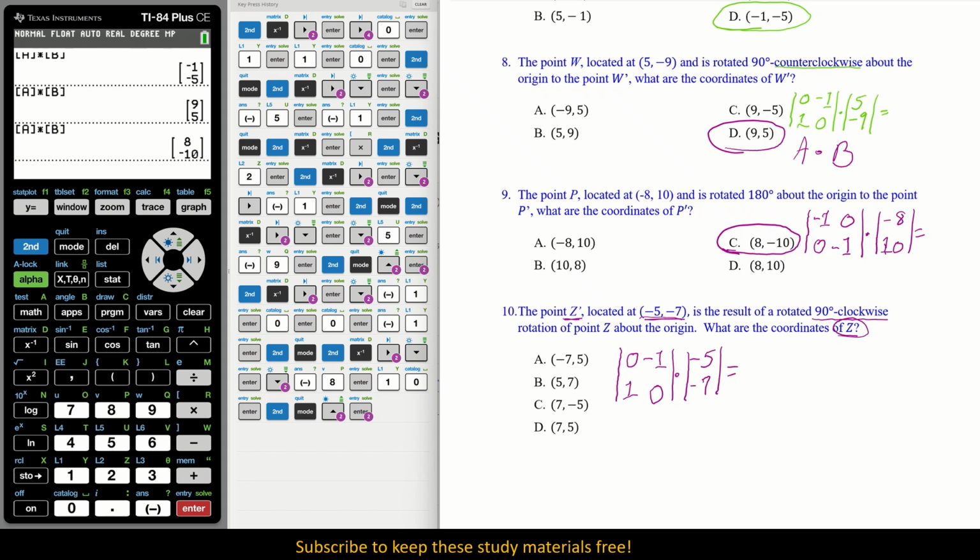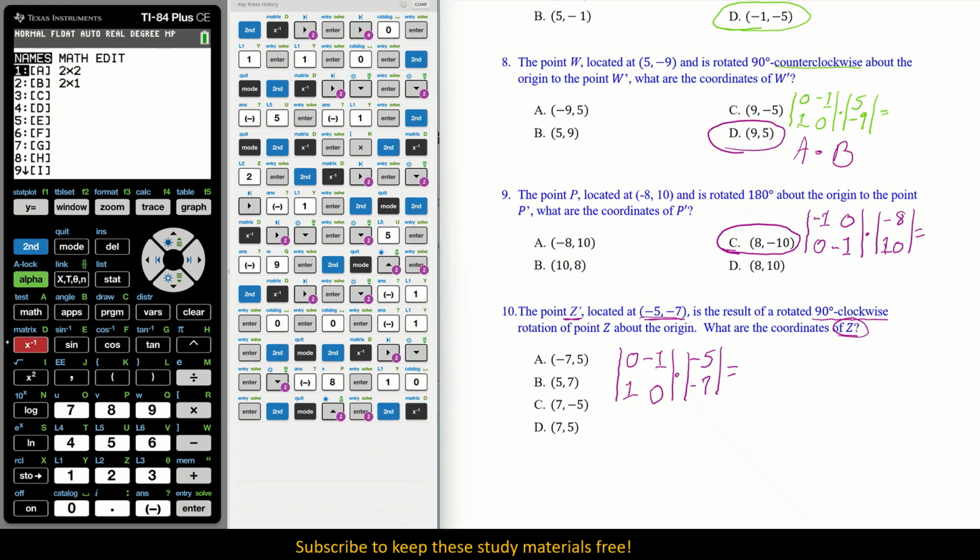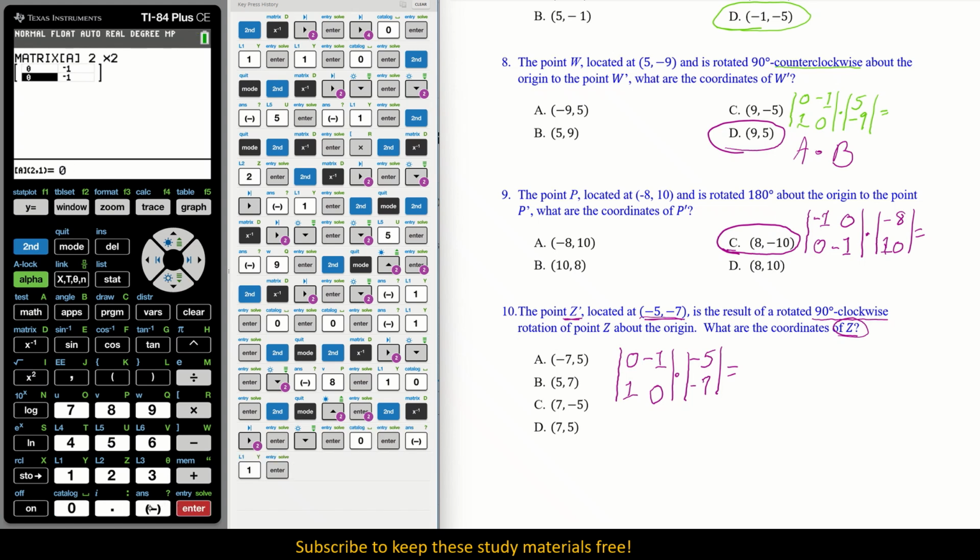Now we can put that in the calculator and see what happens, okay? So, second matrix, go over to edit, enter, and we need to change that to 0. Okay, enter. All right, 0, enter, then -1, enter, then 1, enter, then 0. Double check I did it correctly. Yes. Back out.